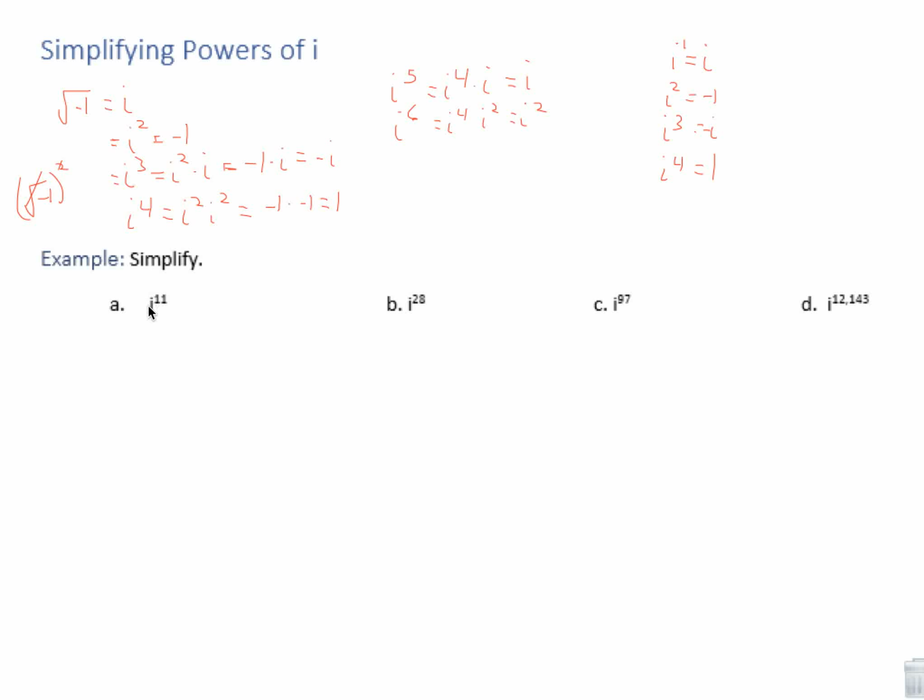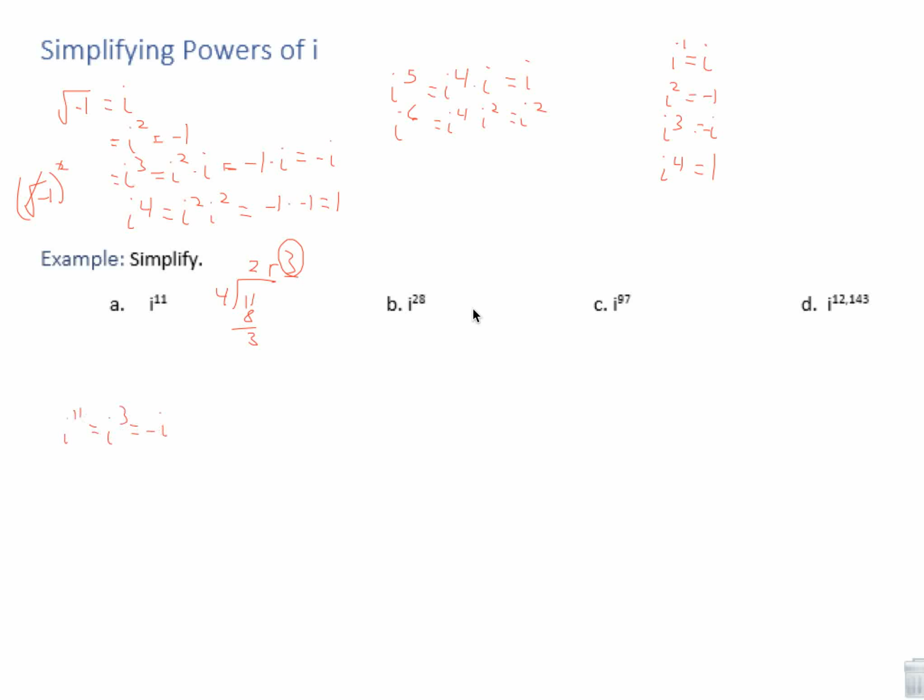So if we have i to the 11th, we're going to take 11 and divide it by 4. That goes 2 times with a remainder of 3. Well, a remainder of 3 corresponds to i cubed. So i to the 11th is really equal to i cubed, which is equal to -i.